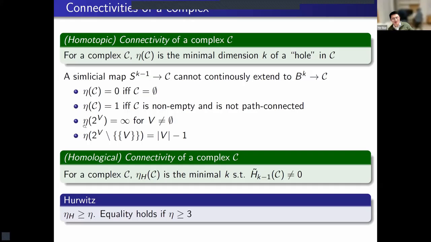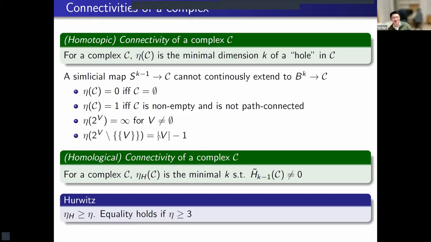Another example: if you have some set V, and your complex is the power set, all the subsets of V, then it is contractible, therefore the connectivity is equal to infinity. But if you remove the largest face, the maximal face of your power set, then the maximal face forms a hole.